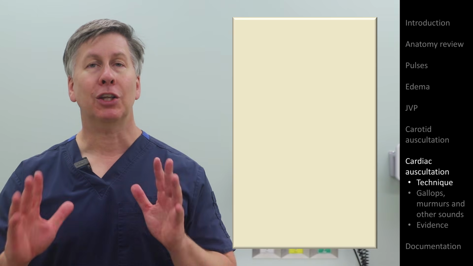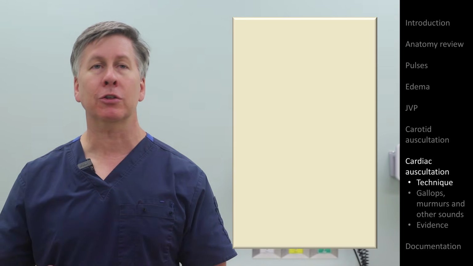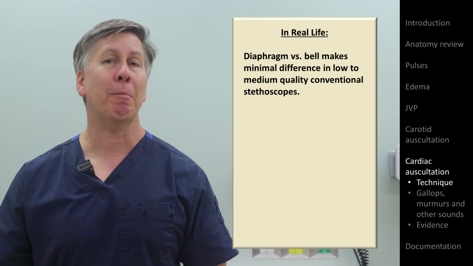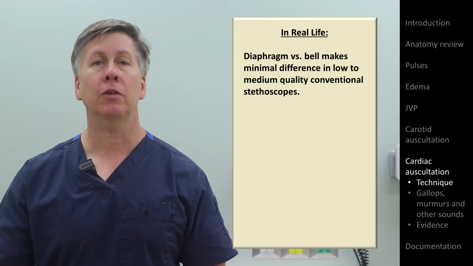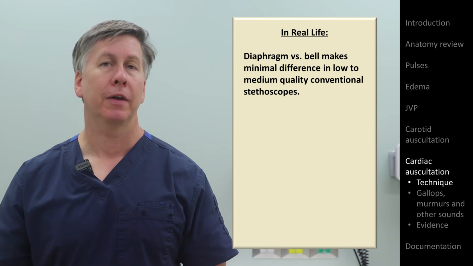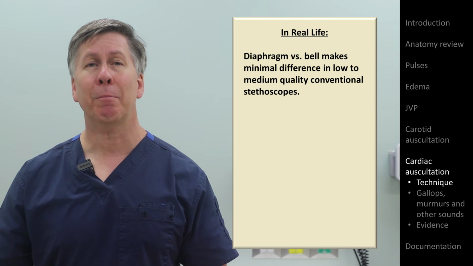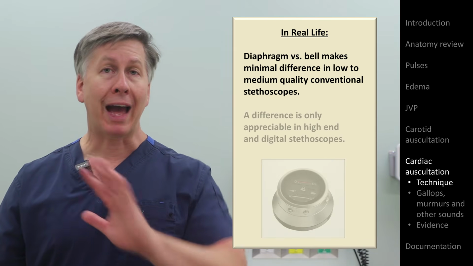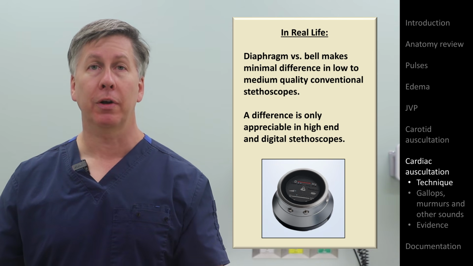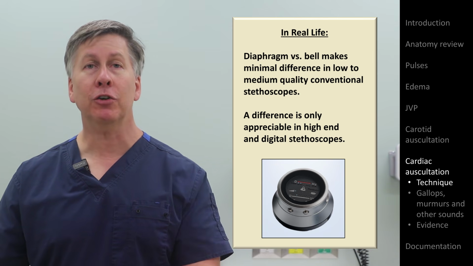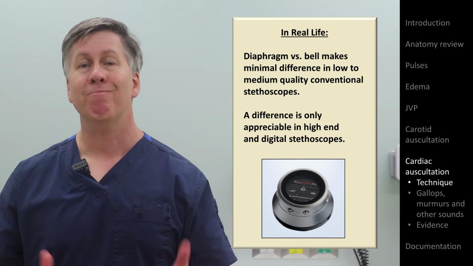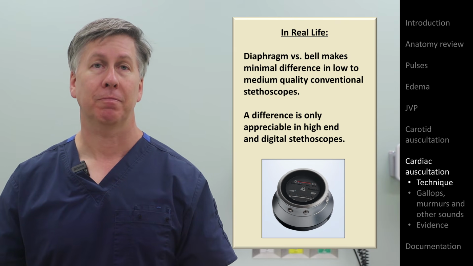However, after spending years using many different models of stethoscope, I found that the difference in sound between the diaphragm and the bell of a conventional acoustic stethoscope to be so small as to not make a significant difference. However, for those with access to a digital stethoscope that can apply a digital filter to selectively amplify some frequencies more than others, that does make a big difference.